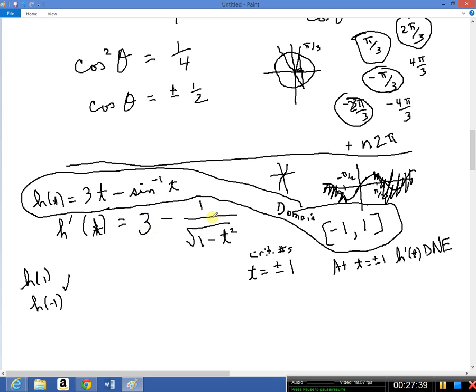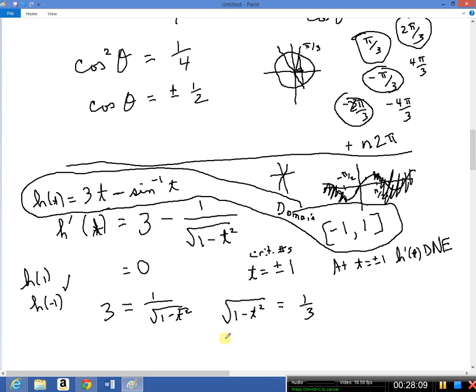Okay, I still have to figure out critical numbers of the first type. That would be where the derivative is equal to 0. So if I set this equal to 0, I need to solve the equation 3 minus that thing equals 0. So that would mean 3 equals that thing. So if I multiply both sides by the denominator and move the 3 to the other side, I get the square root of 1 minus t squared equals 1/3.